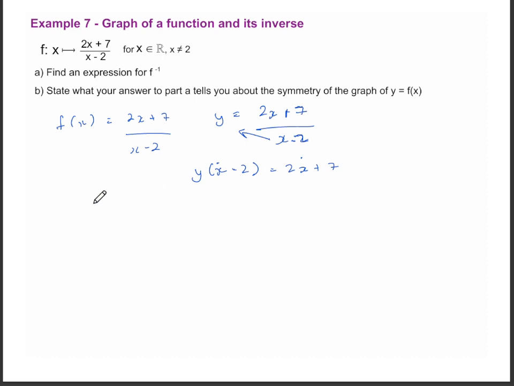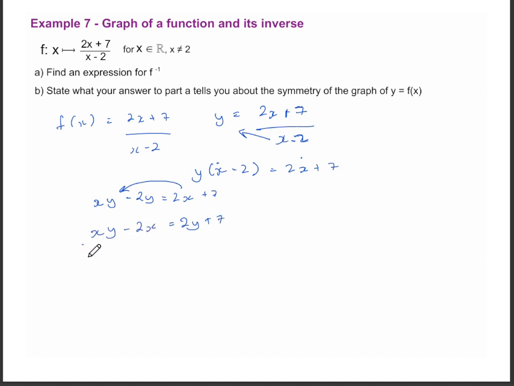So here what's going to happen is xy minus 2y equals 2x plus 7. And we bring the x's together. Okay, so xy minus 2x equals 2y plus 7.